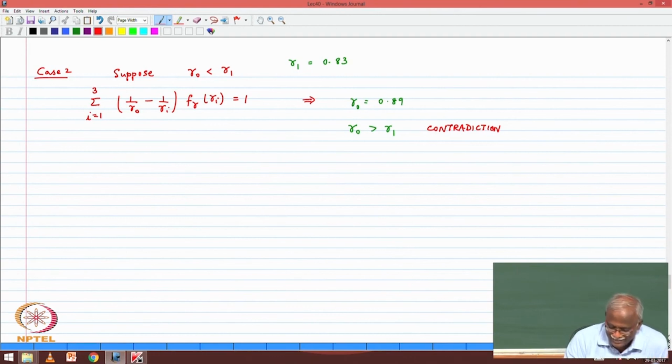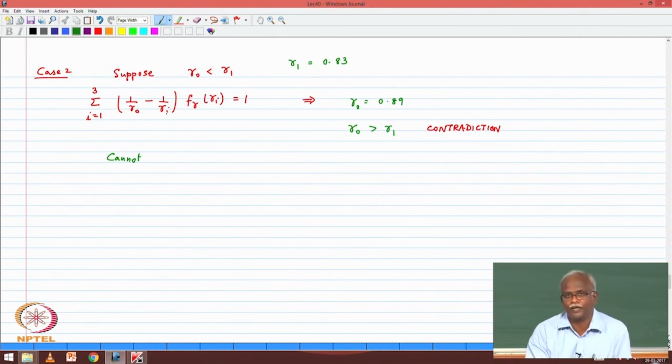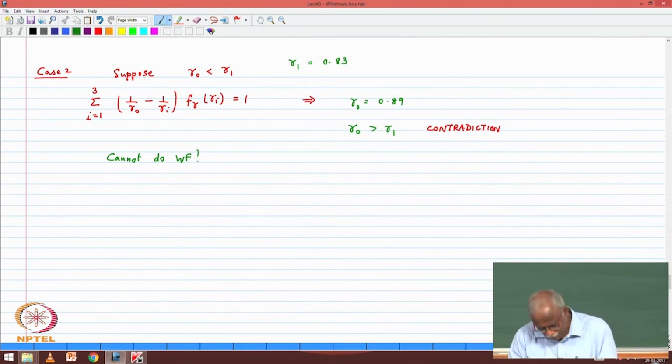Because if I try to do this, I will get negative power allocation, which is not permitted. So cannot do water filling in the conventional way. Okay. So keep in mind that it's all about finding the optimum gamma naught.